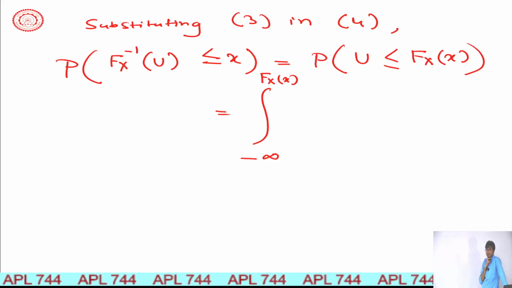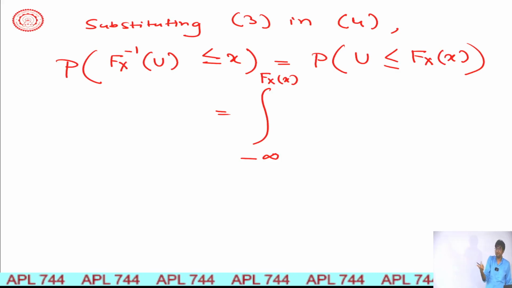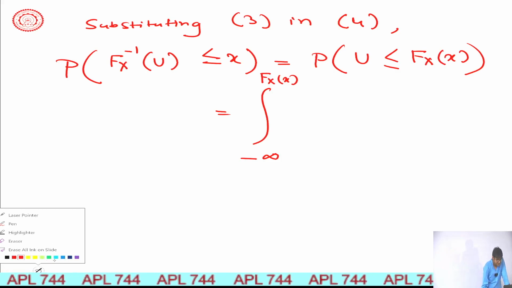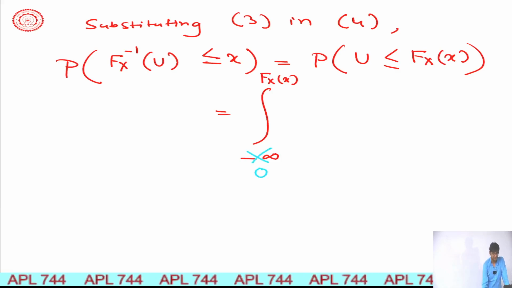Should it be from minus infinity? What should be the lower limit? 0, because now it is a uniform, and uniform is from 0 to 1. So I can write minus infinity, that will be of no meaning. So I will not delete it, I will write it like this so that you know.